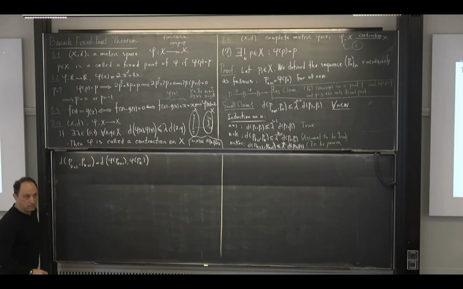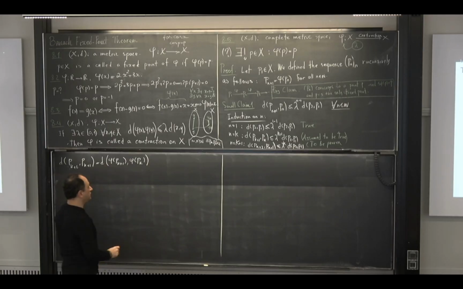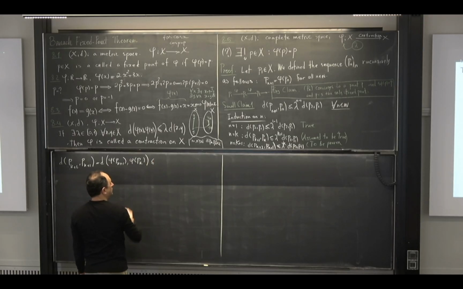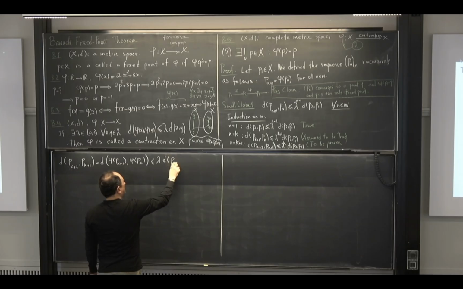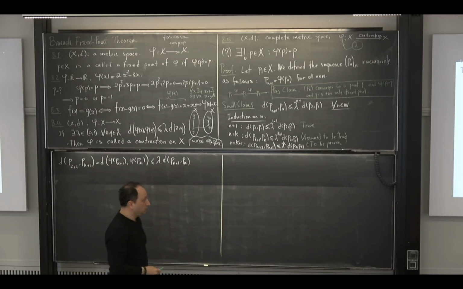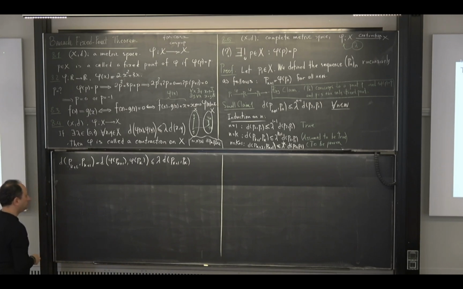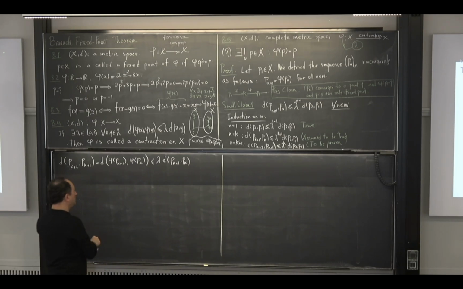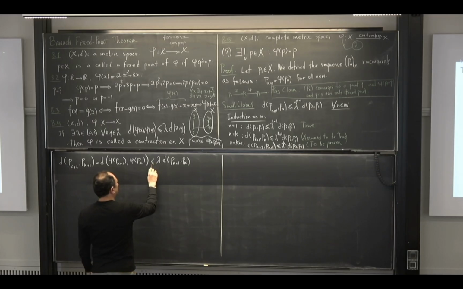But phi is a contraction. So this is less than or equal to the factor of contraction lambda times d(p_{k+1}, p_k). This is because phi is a contraction.